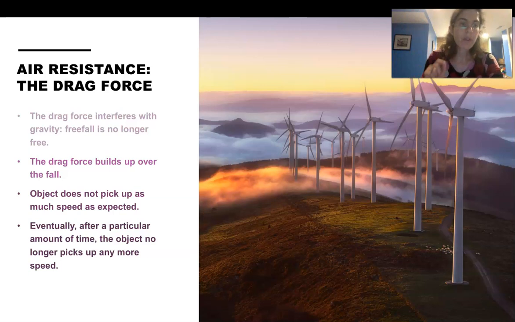It's that you never go that fast to begin with. After a certain amount of time, you max out and you will go at the same speed the whole time. If you're a parachute jumper, you want that time to be sooner rather than later so that you pick up very little speed on your way down.